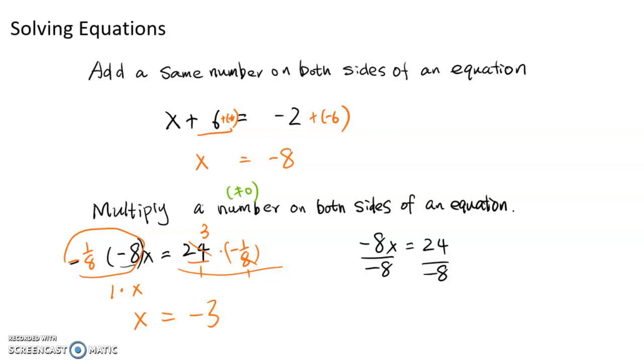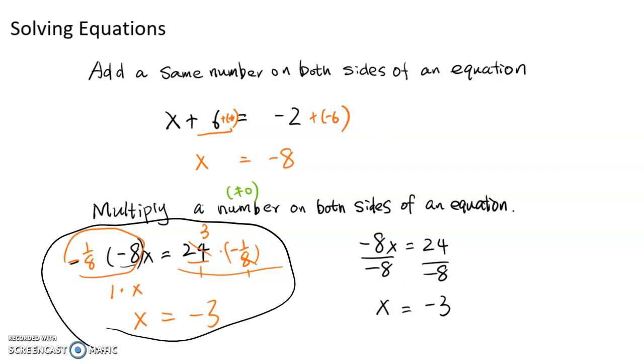So if we divide by negative 8 on both sides, on the left side it's 1x, still x, equals, on the other side, negative 3. But here I just want to show you that dividing by a number is actually multiplying by the reciprocal of the number. So we can always turn a division into multiplication.